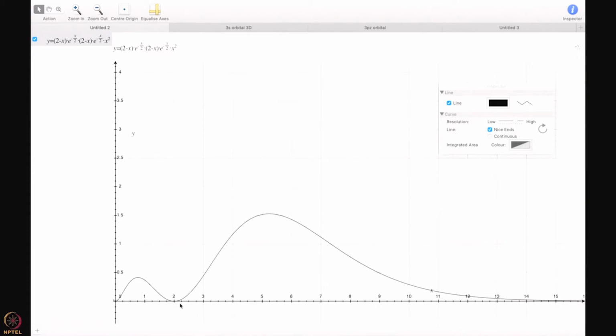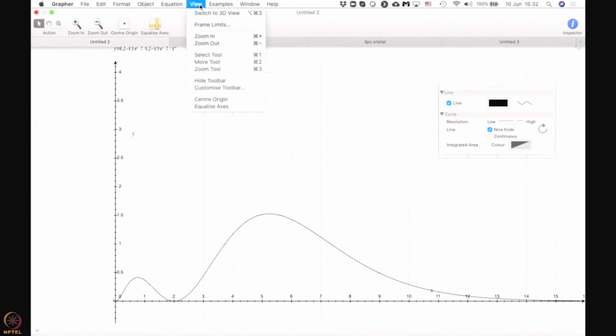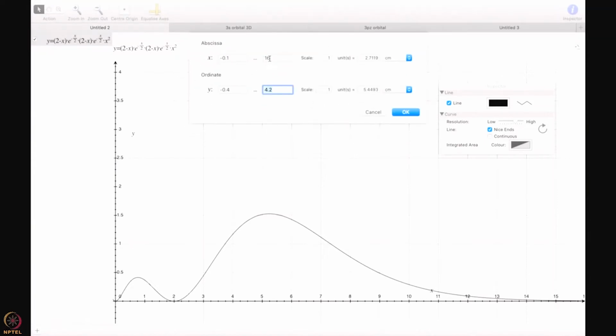For z equal to 1, let us put z equal to 1 for now. This is 2a0, actually it is 2a0 by z. So if you go up to infinity, then probability of finding the electron is 1. Suppose I do not go up to infinity, maybe I will increase this a little bit. Right now it is up to 16, so let me make it up to 25 or something.